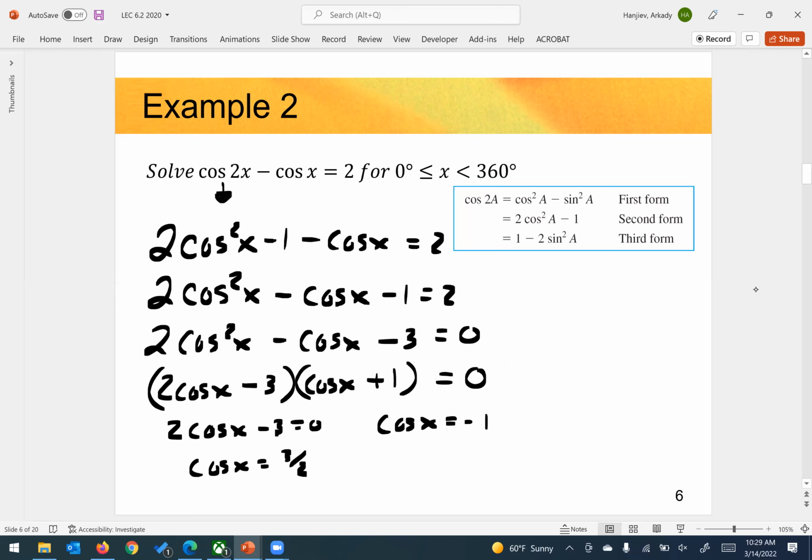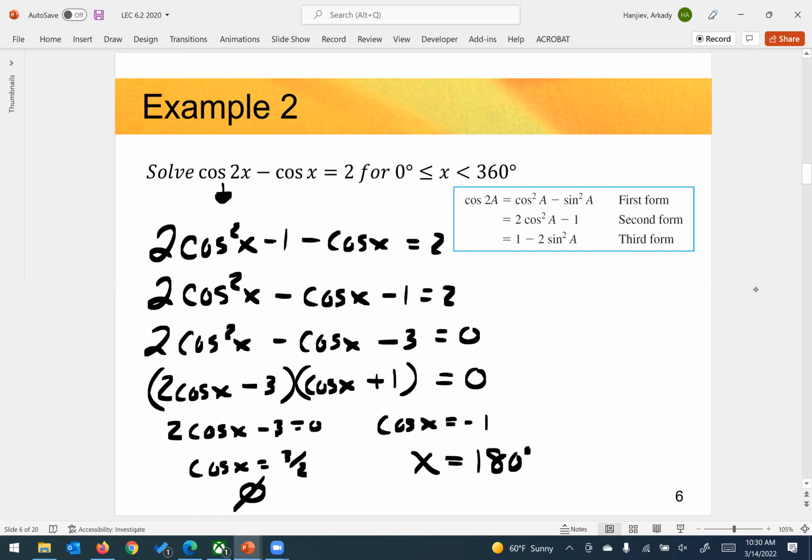Never, right? It can't be above 1. It's not in our domain restriction. And -1 is at 180. For this problem, what works is x is equal to 180. That's the only time this works.